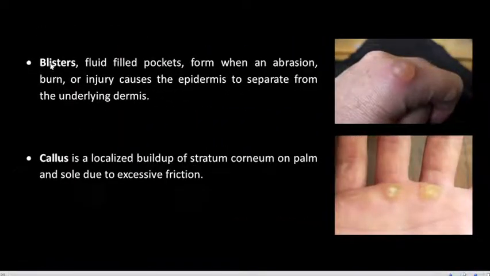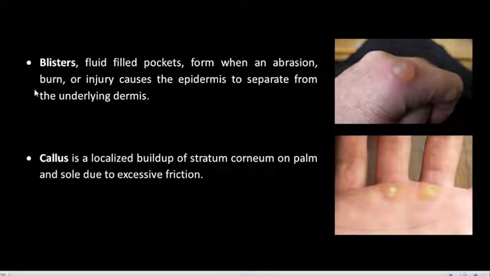Next, blisters. So, ito siya sa paso, no? This happens when the epidermis is able to separate from the underlying dermis. So, kapag nagkakaroon ka ng blisters, there is fluid, no, collected inside the blister. So, fluid-filled packet siya. Ayan.